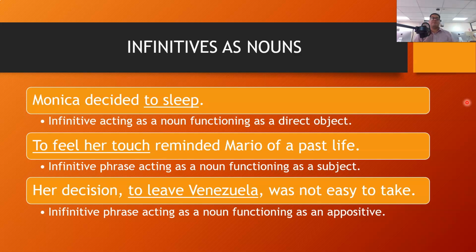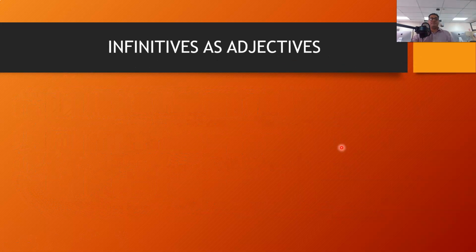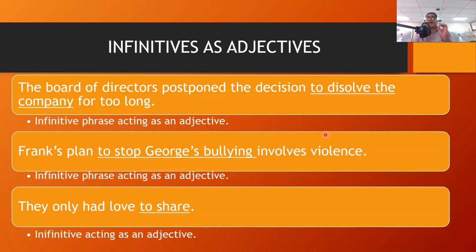So we talked about infinitives as nouns, and now we are going to talk about infinitives as adjectives. Now, infinitives as adjectives, we are going to find next to the word that they modify, right? And as I already mentioned in the previous video, it's important that you understand that it's not only about location. It's not only because I have an infinitive next to a noun that I am going to say, this is an infinitive, it's next to a noun, ergo it is an adjective.